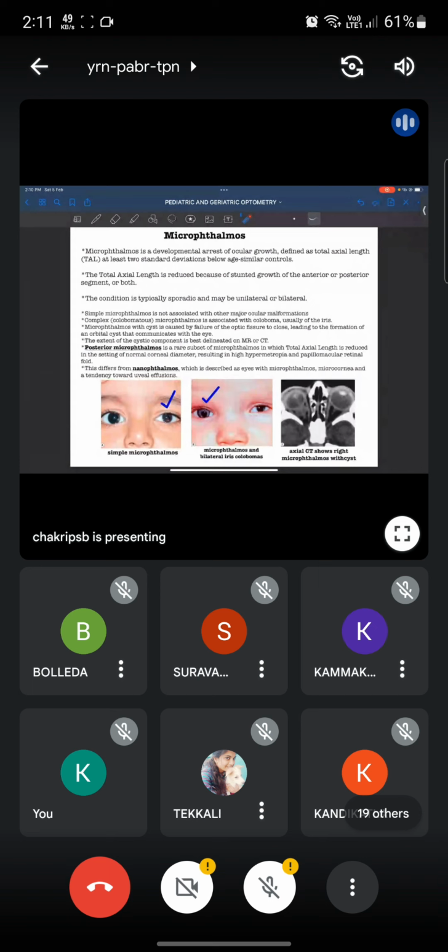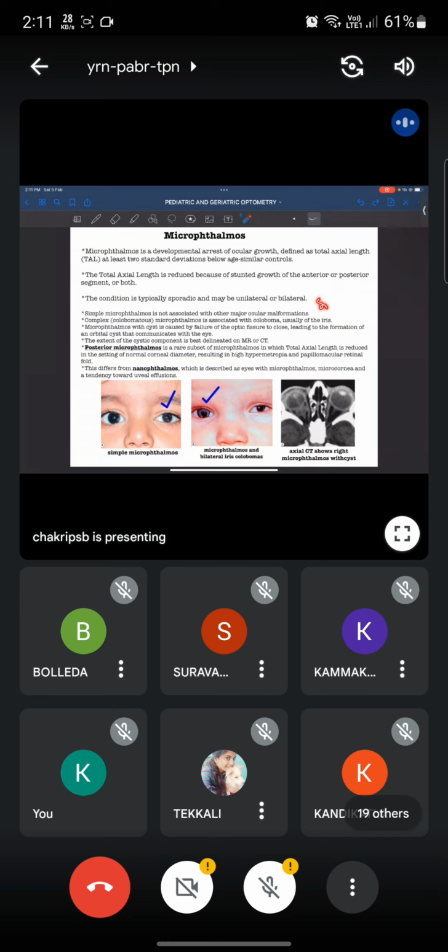In the same way as microcornea and megalocornea, it is the same with microphthalmos. If the ninth month is the delivery period, and somebody delivers before the ninth month, the growth of eyeball structures or human body structures is delayed.